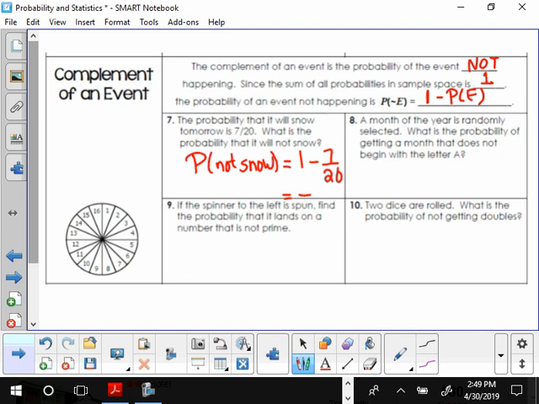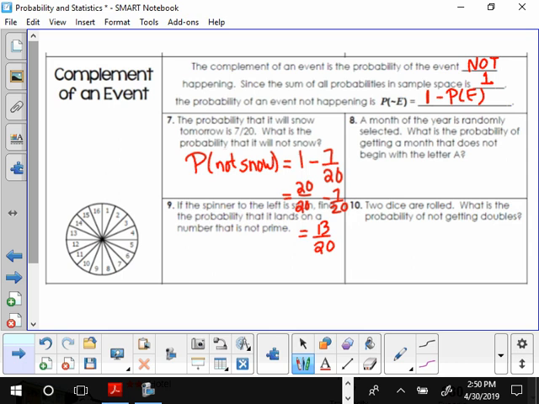A way to write 1 with a 20 as a denominator is 20/20 minus 7/20, which is 13/20. If 7/20 is my probability of snow, 1 minus that is my complement. And do you see how 13/20 and 7/20 would go together to give you 1?